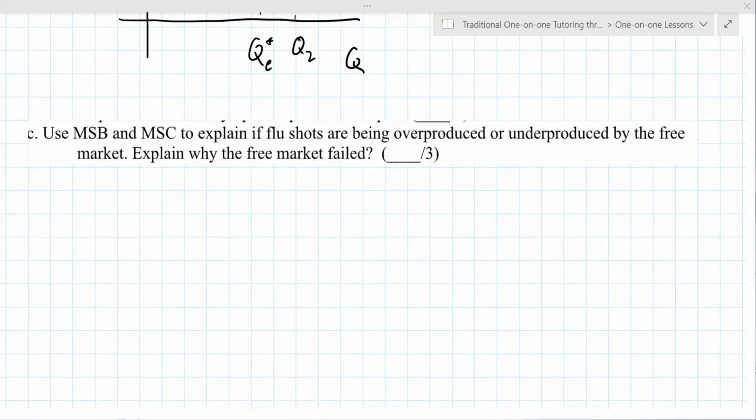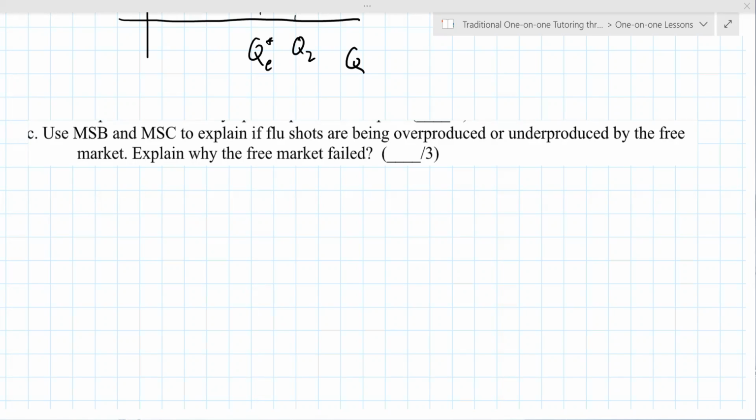It refers to the marginal social benefit and marginal social cost. Yeah, marginal social benefit and marginal social cost. There's not something else? Not that I know of. Okay.